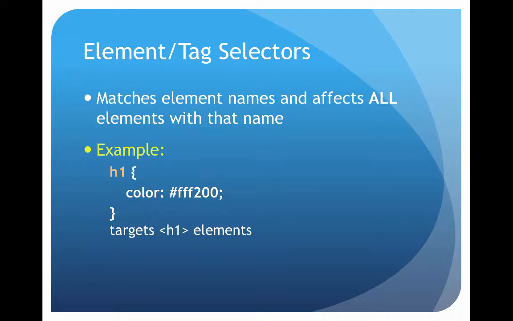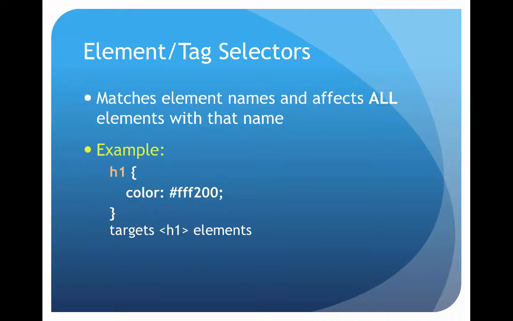For example, when I asked you to include semantic markup of header, nav, main, and footer in your HTML pages, it doesn't really do anything to show up in your page, but you can now alter those things simply by using an element selector within your CSS. In the example that's shown on this page, we are going to affect all of the H1s that this style sheet will be associated with.